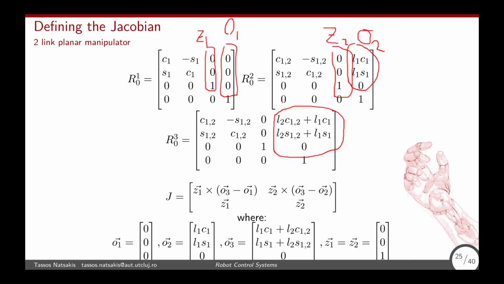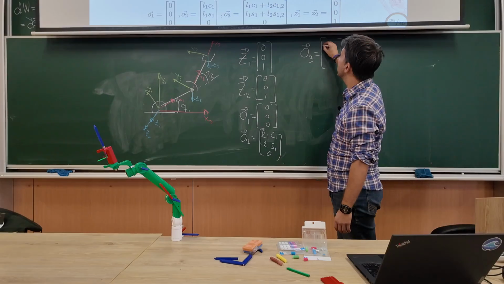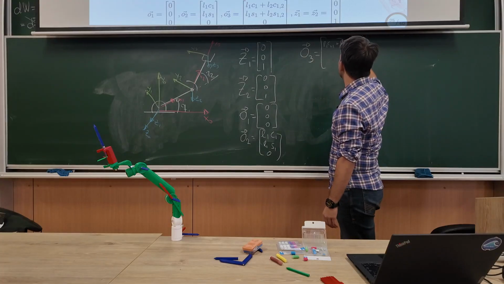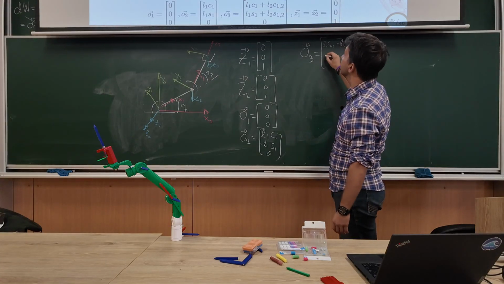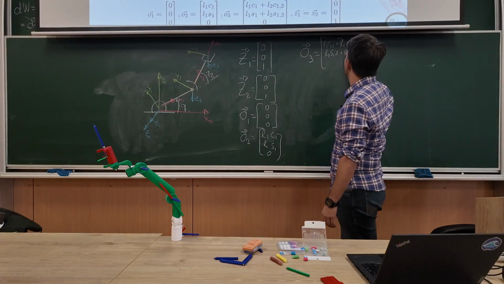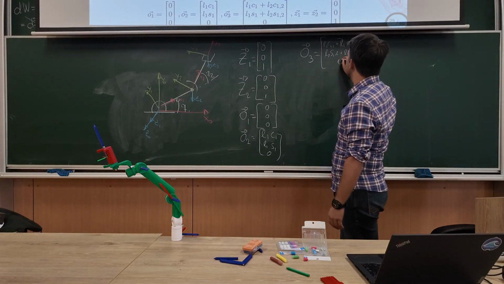you can see here O3 minus O1. O1 we said it's 0, 0, 0, so this will be O3. Let's write it here: L2 C12 plus L1 C1, L2 S12 plus L1 S1, 0.